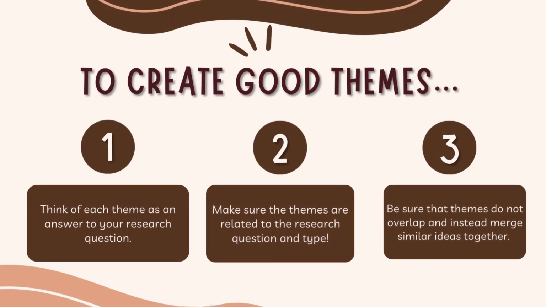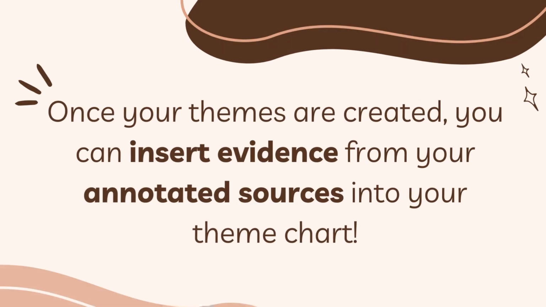Now, turning key ideas and topics into themes. To create good themes, 1, think of each theme as an answer to your research question. 2, make sure the themes are related to your research question and type. 3, be sure that the themes do not overlap and instead merge similar ideas together.